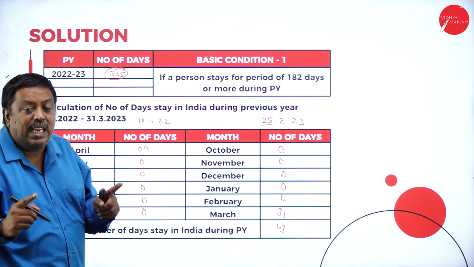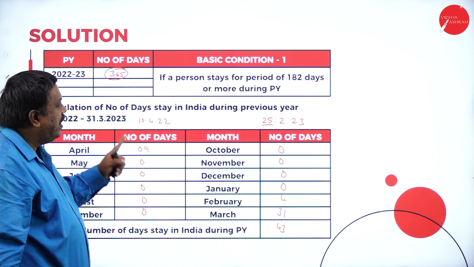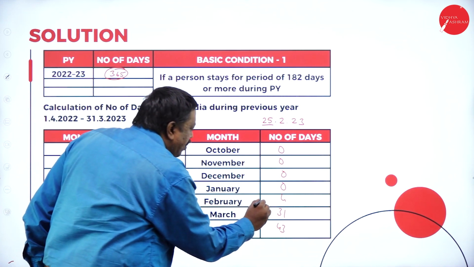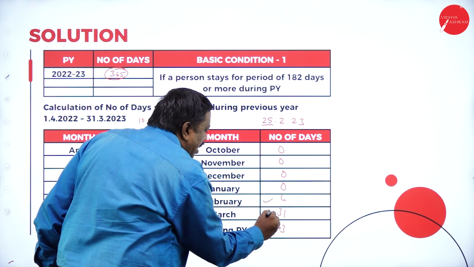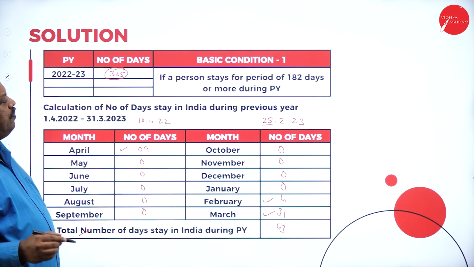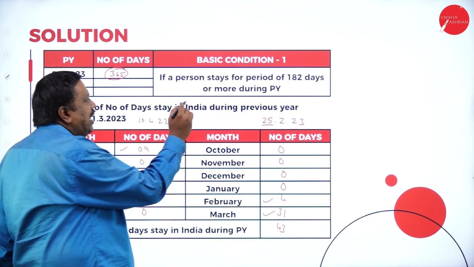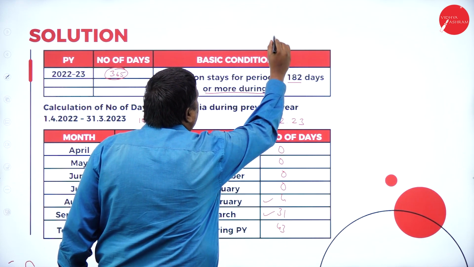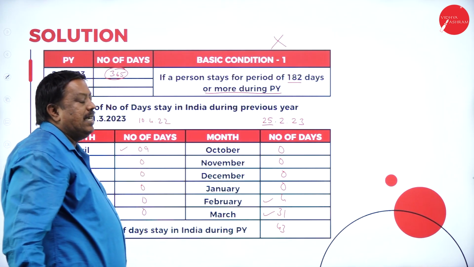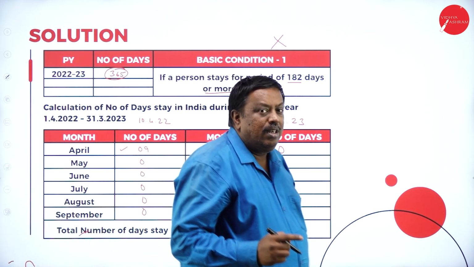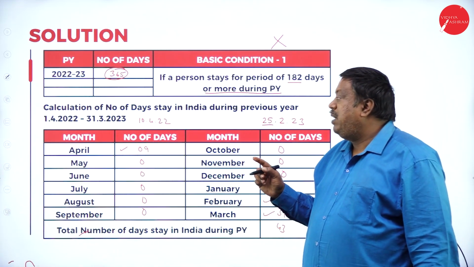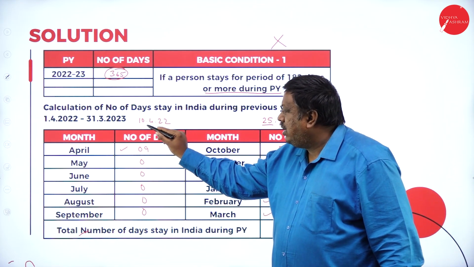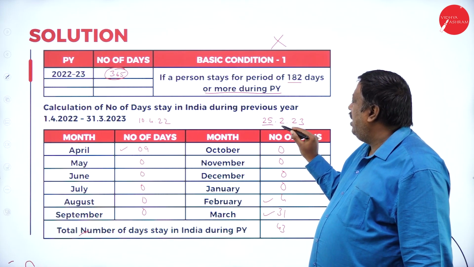How many days was I in India during previous year 22-23? In the month of April, 9 days. In the month of February, 4 days, and March, 31 days. So what is my first basic condition? I should stay in India for a period of 182 days or more during previous year. So I have not satisfied my first basic condition. During previous year 2022-23, I left India on 10th April and returned back on 25th February.